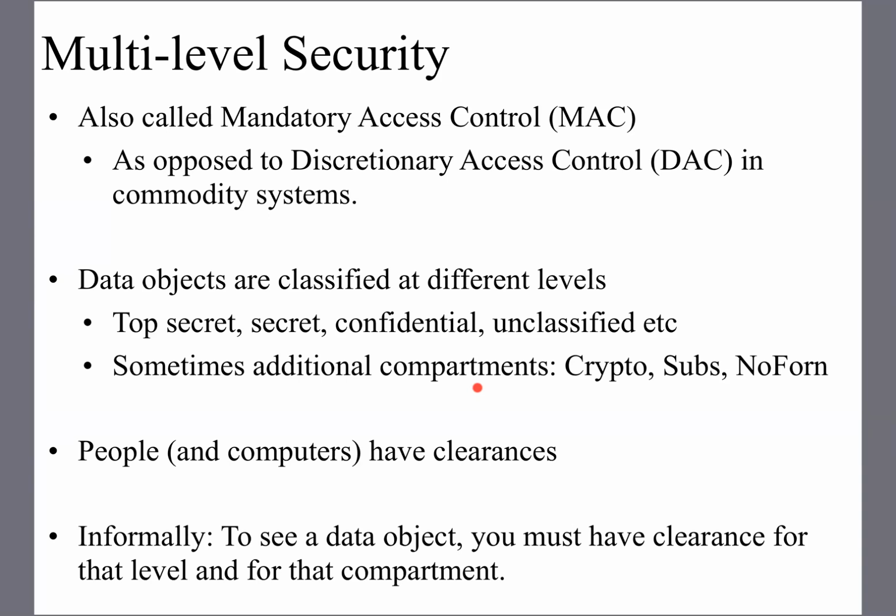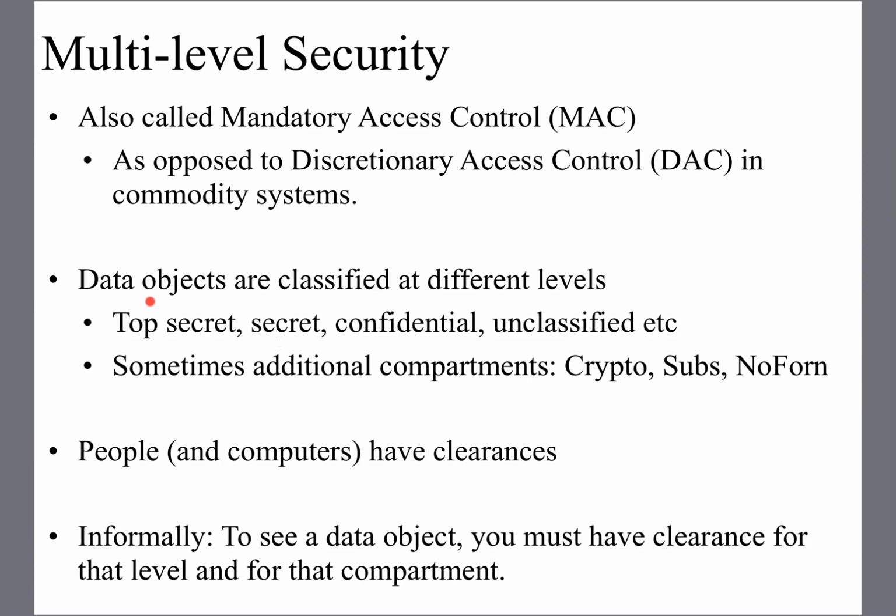The meaning for each level is fairly well understood within the community. Of course, data marked top secret is more sensitive than data marked secret, so fewer people should have access to it.